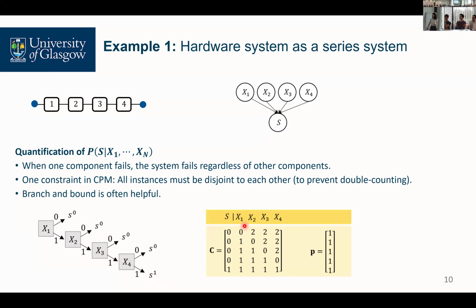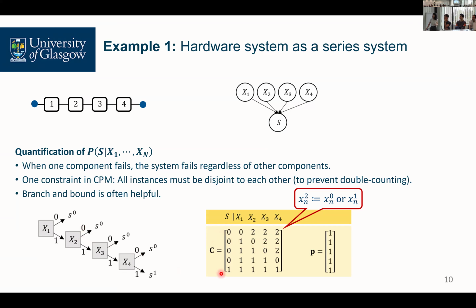So here, if x1 takes a value of 0, we introduce the composite state where x2, x3, x4 can take any value, and the system will fail. Otherwise, if x1 survives and x2 fails, then the states of x3 and x4 don't matter, and the system will fail, which represents the second branch.